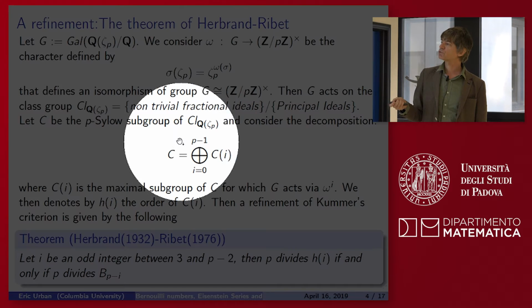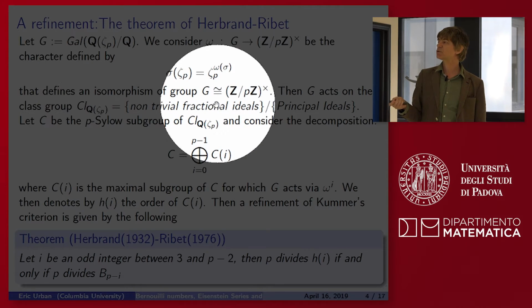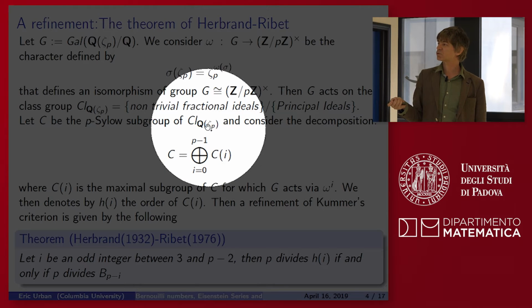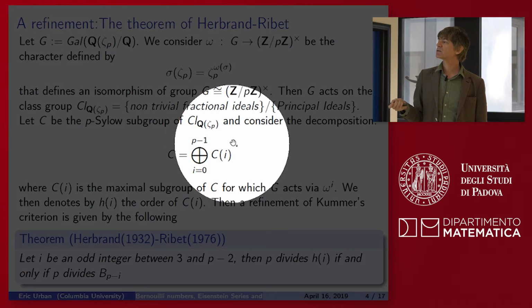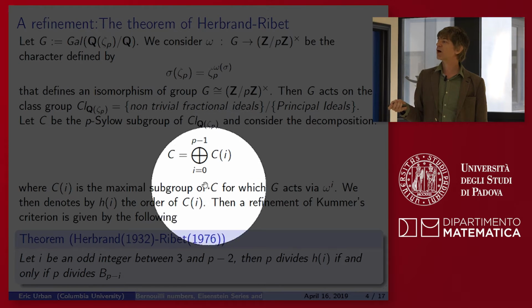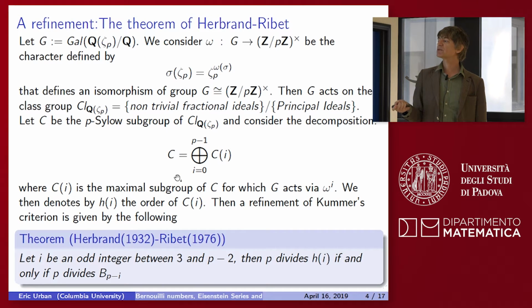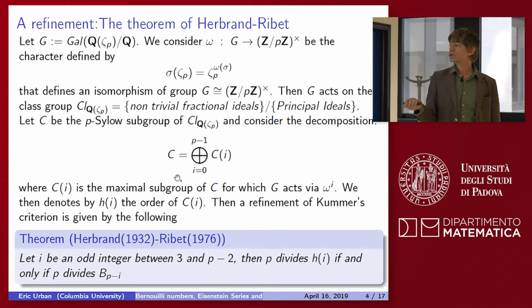Oh, sorry, I forgot to say that C here is just the p-Sylow subgroup of this class group. So this is the maximal subgroup of order a power of p. And then you can decompose this group C as a sum of C of i, where C of i is the maximal subgroup of C for which this Galois group acts by this character omega to the power i.